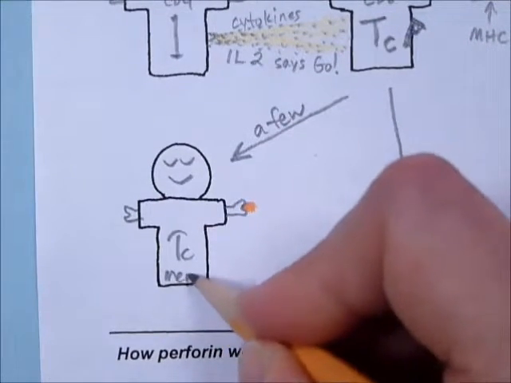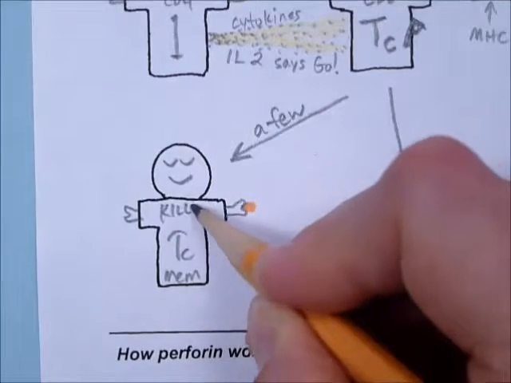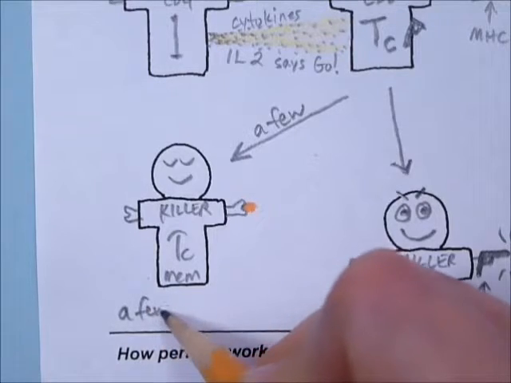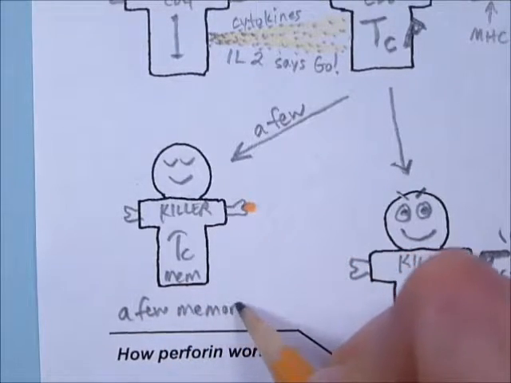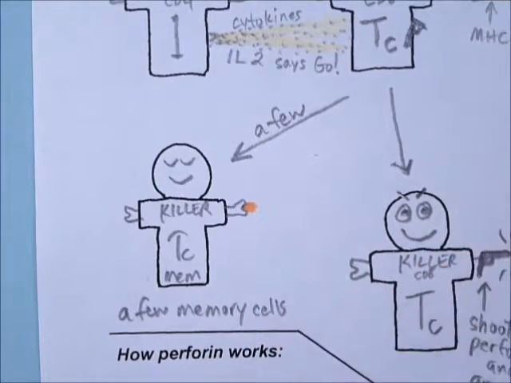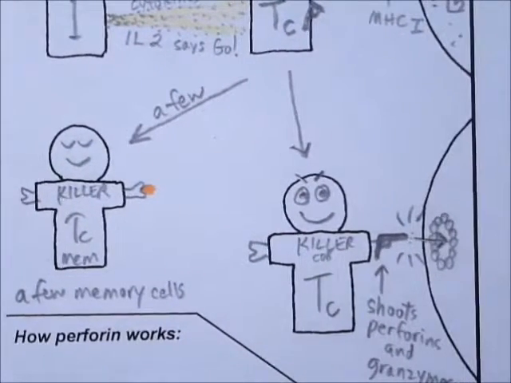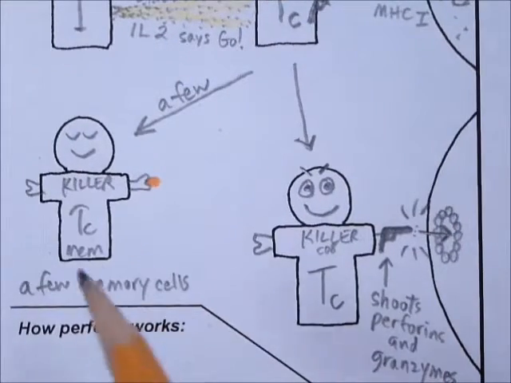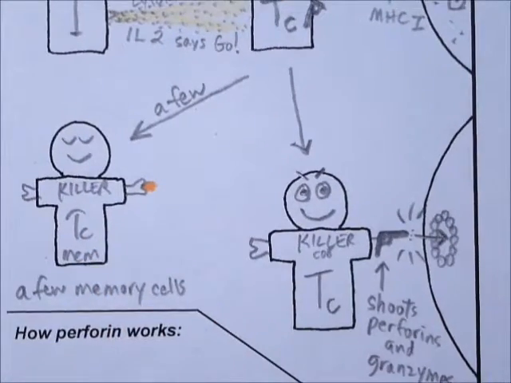TC mem. And a few of them will become memory cells. Most will become active killers, but a few are going to be saved so that in case we meet this pathogen again, they're ready to go.